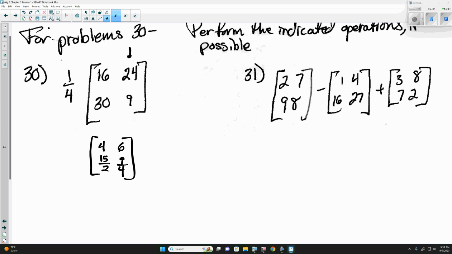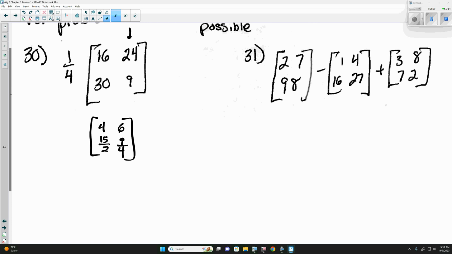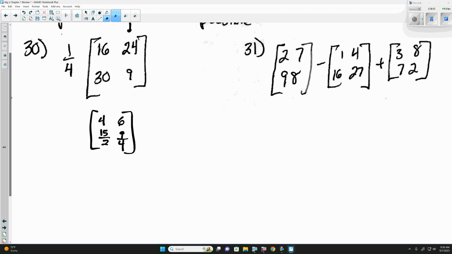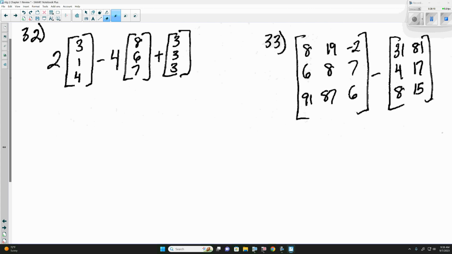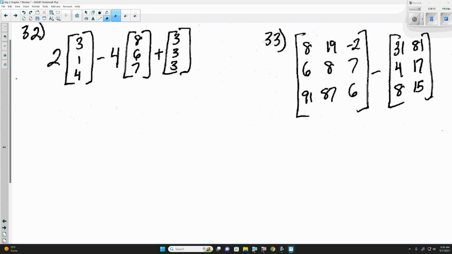Yeah, these two up here. 32 and 33. So we feel comfortable with these two. Now this. So here, there's different ways we can do it.